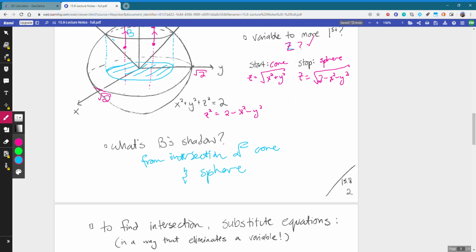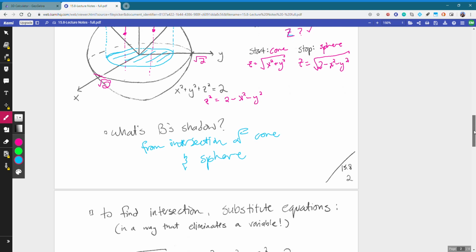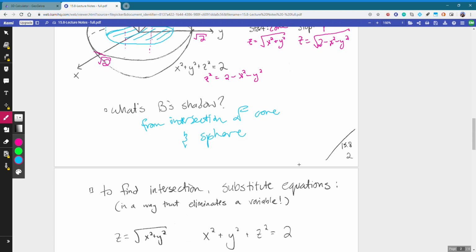And we want to do this in a way that actually eliminates a variable so that we're making things simpler for ourselves. And so here, how's that going to happen? Here, we can take our cone and try and plug it into our sphere, or our sphere and try and plug it into our cone. And I think the cleanest way to think about this is, well, this already has z solved for.